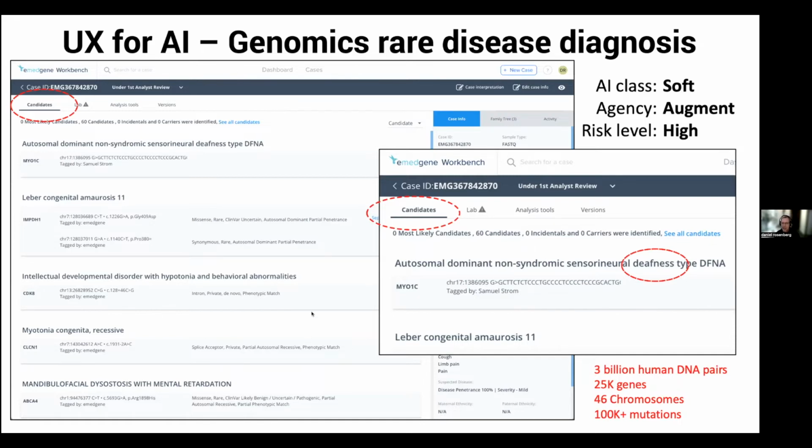And it's coming back. And in this case, it said there actually weren't any most likely candidates. In all of that literature, there's 60-some candidates, and it's honing in on a particular gene variant, which is on chromosome 17 at this location, and they were expecting a G.